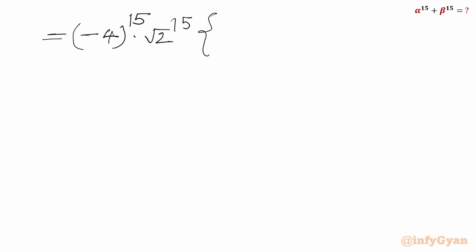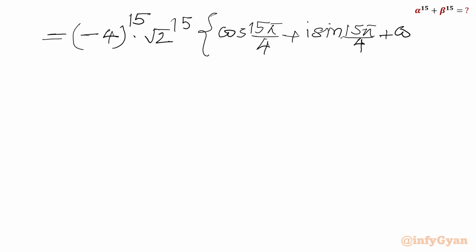So I can write directly cos 15 pi over 4 plus i sin 15 pi over 4 plus cos 15 pi over 4 minus i sin 15 pi over 4.